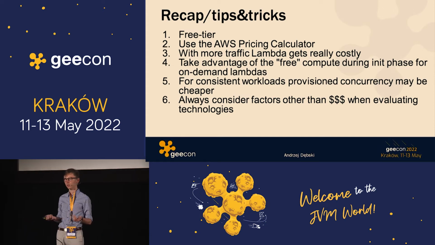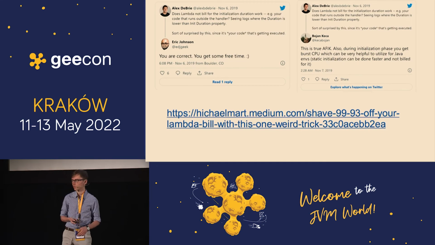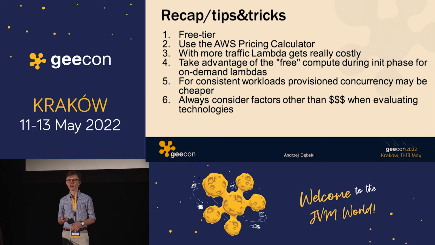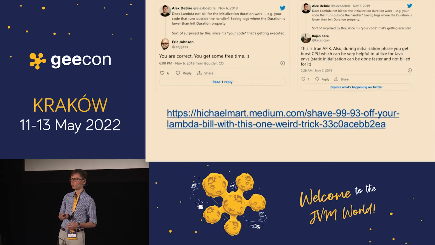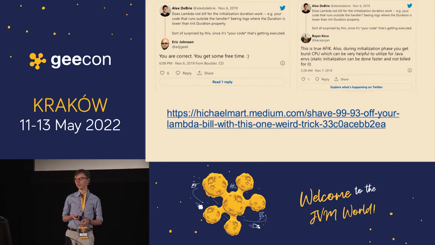So again, it depends on the use case. And I just included screenshots of a Twitter conversation and a link to the blog post where I found this information about free init phase for on-demand Lambdas and the burst CPU. So that's quite interesting, things you can find on Twitter.